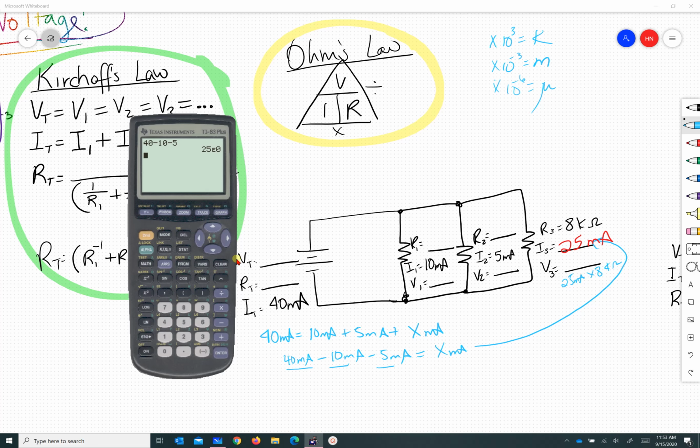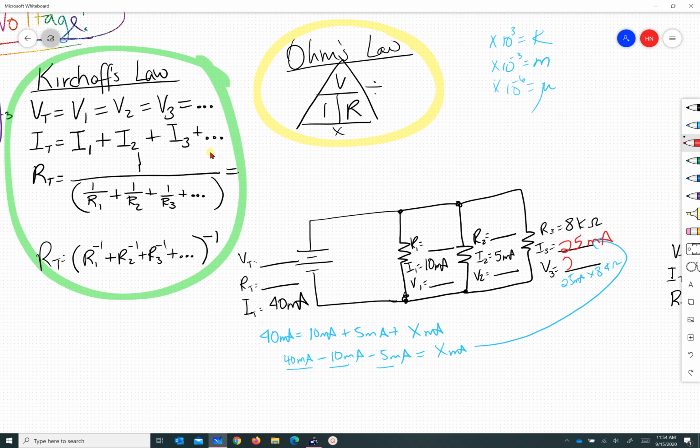So let's plug that one in. 25 times 10 to the negative 3 times 8 kilo ohms, 8 times 10 to the positive 3. And our answer is 200 without a prefix because it's times 10 to the 0. So it's just 200 volts.